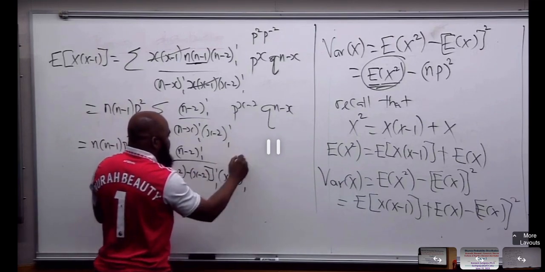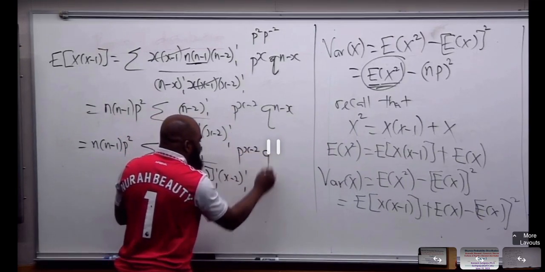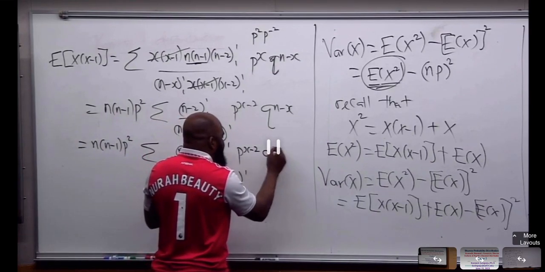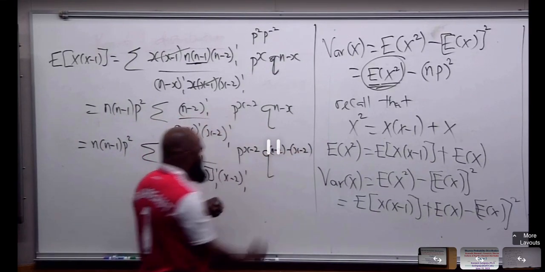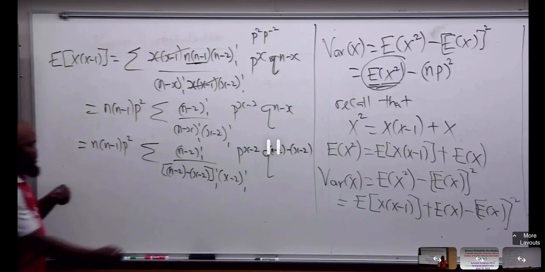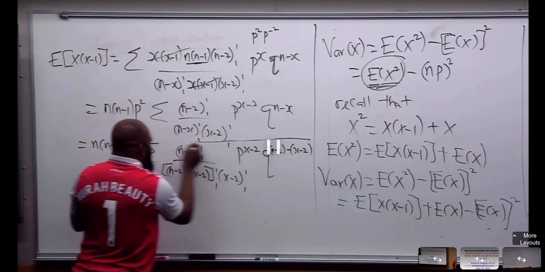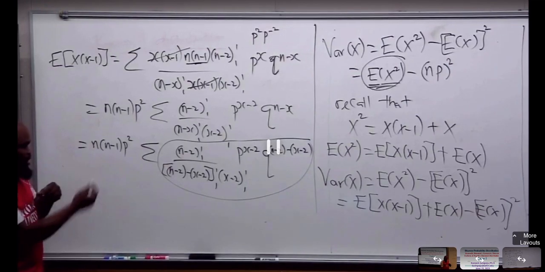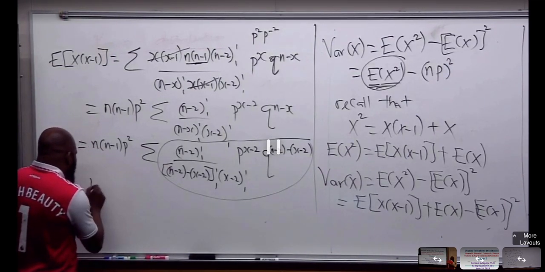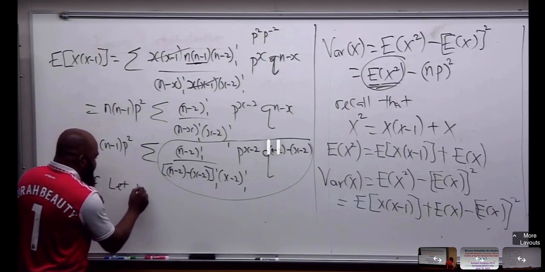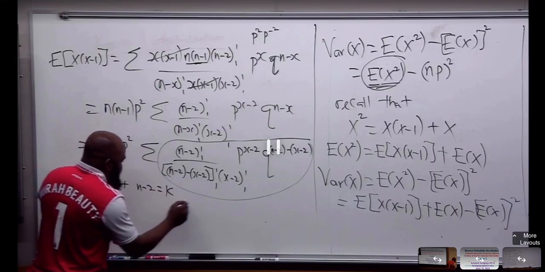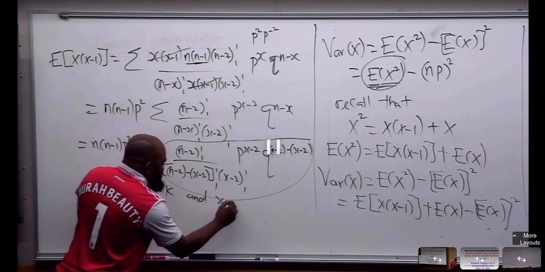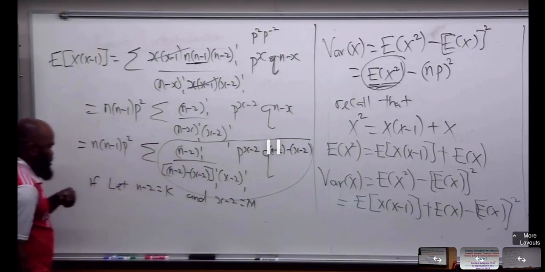X minus 2 factorial, p raised to power that, and q raised to power n minus 2 minus X minus 2. You're actually going to see this is going to be another binomial. Okay? That's going to be another binomial if you let n minus 2 to be k and X minus 2 to be m.